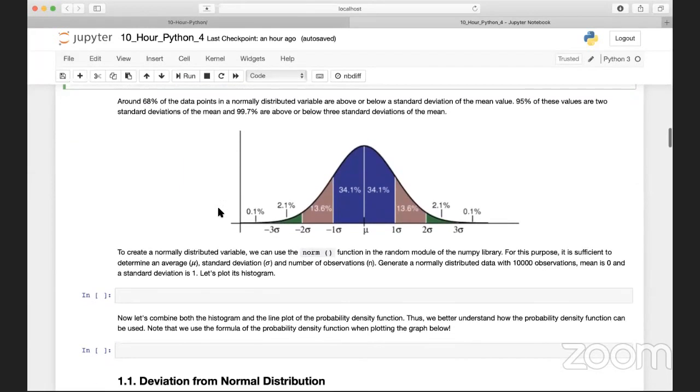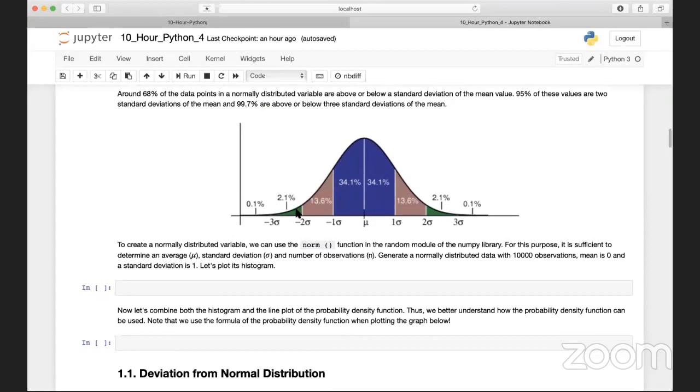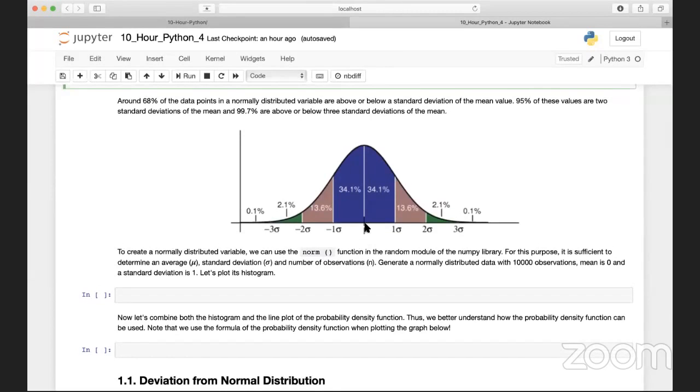What else do we got? So this is what the normal distribution looks like. Most of the time, the normal distribution is defined by the standard deviation. Here you see the mu, which is the mean. Mu is used to represent the mean most of the time by convention.